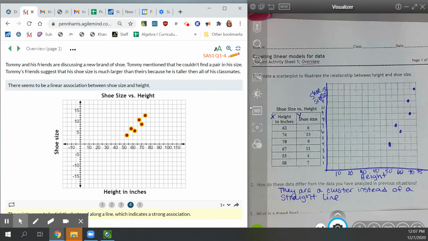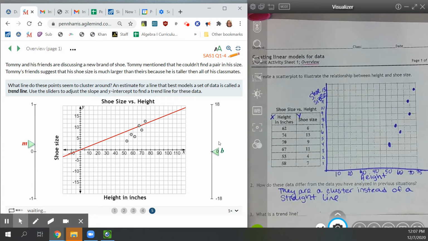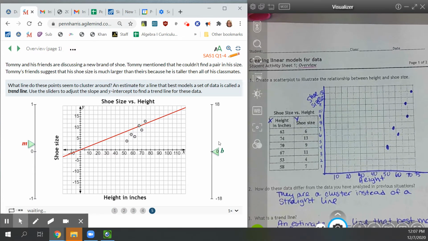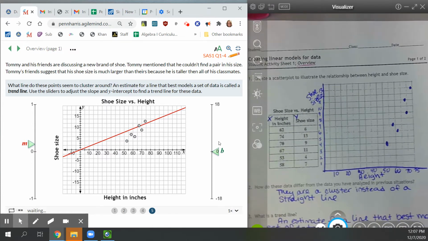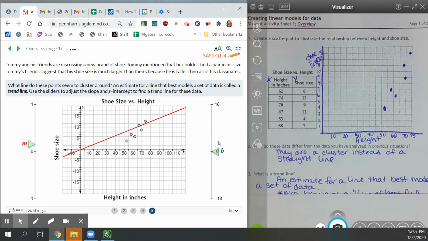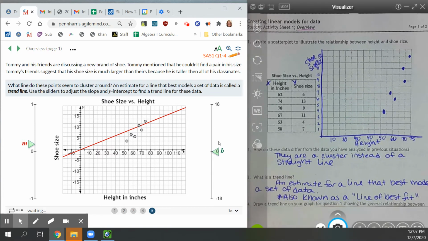So what we're going to use with this is what we call a trend line. A trend line is an estimate for a line that best models a set of data. Some of you guys may have heard of line of best fit.